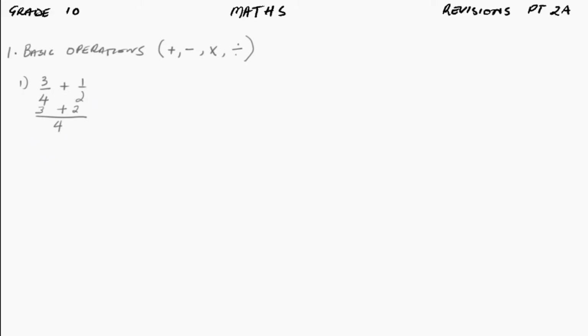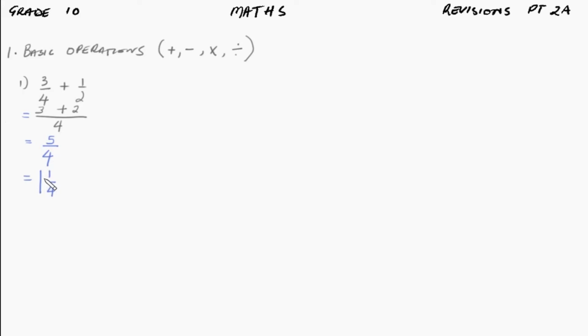Now you are aware that 3 plus 2 all over 4 is a fraction. Then we simplify the numerator: 3 plus 2 is 5, over the denominator, which is 4. This is an improper fraction. Then you can simplify it: 4 into 5 goes once, and the remainder is 1 over 4. So the answer is 1 and 1/4.